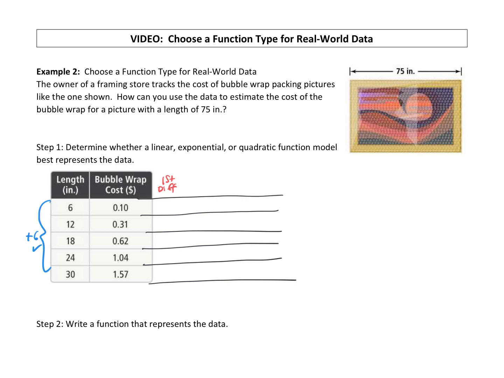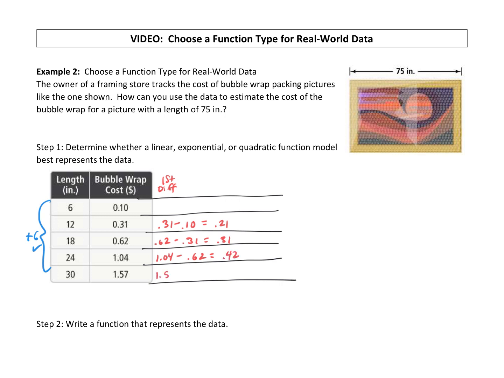All right, so we're going to find our first difference. We take our second y value, 0.31, and we subtract the y value before it, 0.10, and we get 0.21. Now we take our 0.62, subtract the one before it, 0.31, and we get 0.31. Now let's take 1.04 and subtract 0.62, and we get 0.42.